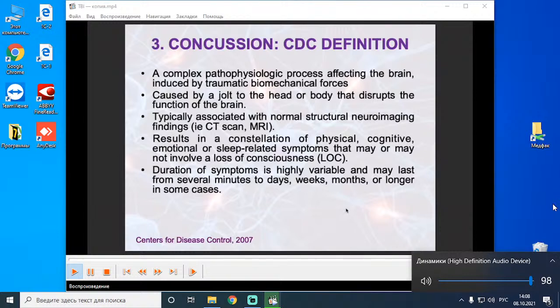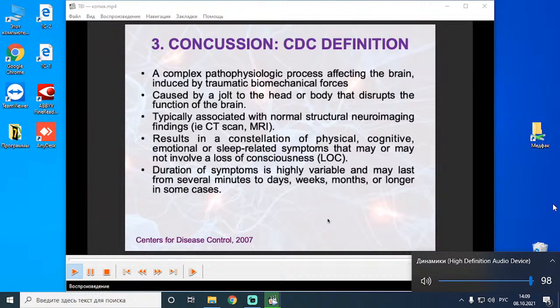Concussion, CDC definition. A complex pathophysiologic process affecting the brain, induced by traumatic biomechanical forces caused by a jolt to the head or body that disrupts the function of the brain, typically associated with normal structural neuroimaging findings such as CT scan or MRI. It results in a constellation of physical, cognitive, emotional, or sleep-related symptoms that may or may not involve a loss of consciousness, LOC.